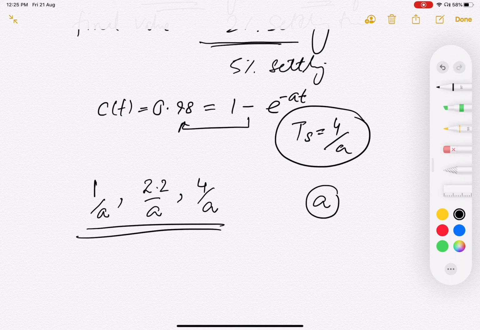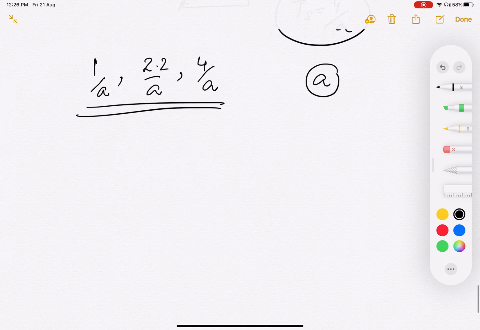Now, the second important, more complex time domain response specifications would be of a system which is slightly more complicated than this, which would be a second order response, right? Second order systems, right? So what is a second order system?